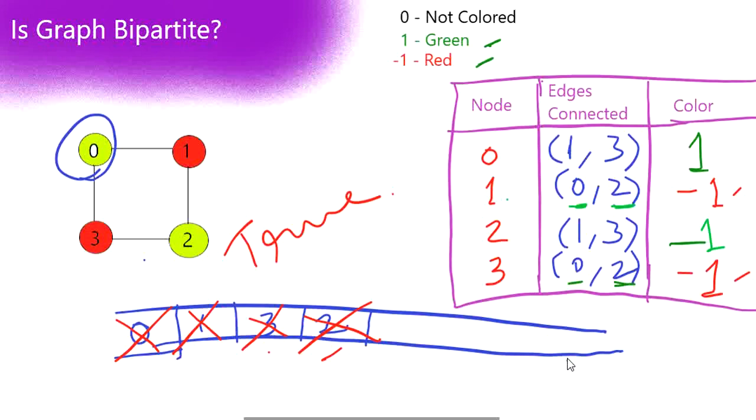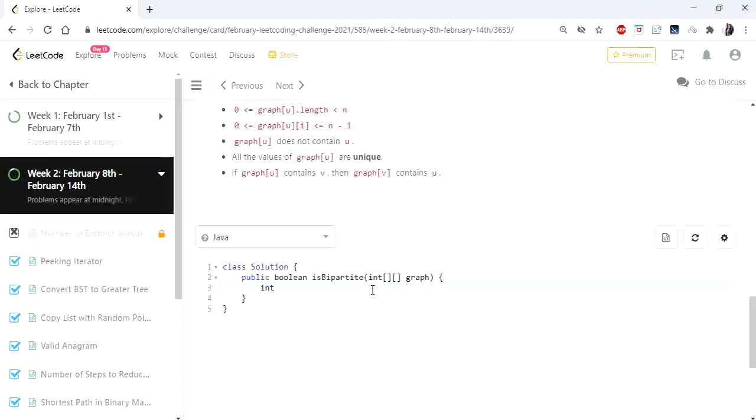So let's see how are we going to code it. As I said, I'm gonna have an integer array colors to keep track of the color codes of the visited nodes, which is of size graph.length, and I'm gonna have my queue.